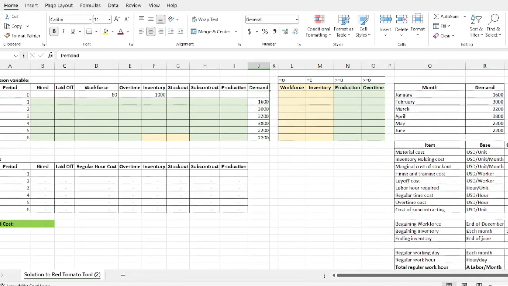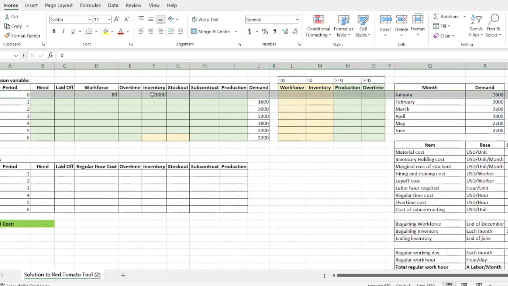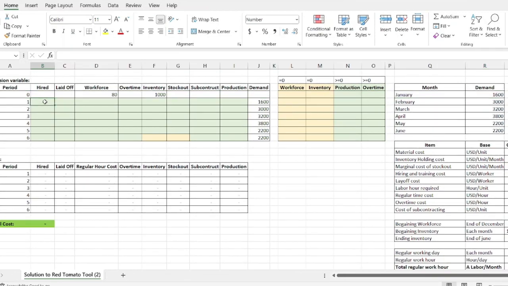Here I have taken it with a 0 because we have some beginning inventory, and keeping it at 0 will help us understand the scenario here. These numbers are actually our decision variables. We'll be deciding what number I'll be considering for this 6 months period.